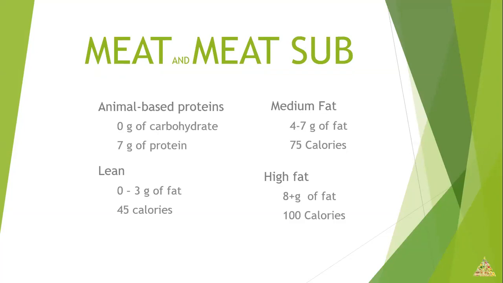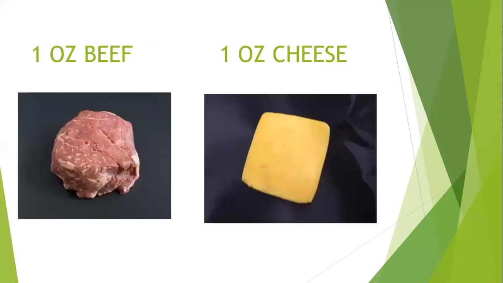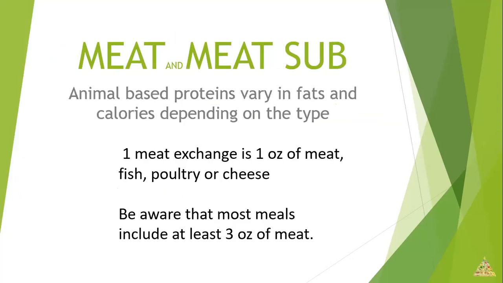Lean meat has 0 to 3 grams of fat, 45 calories. Medium fat meats have 4 to 7 grams of fat and 75 calories. High fat meats have 8 plus grams of fat and 100 calories. And on a 1,500 calorie diet, you can have 5 meat exchanges per day.